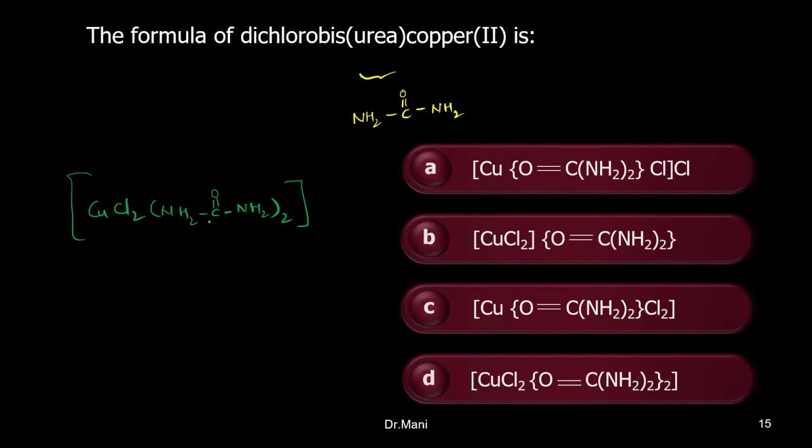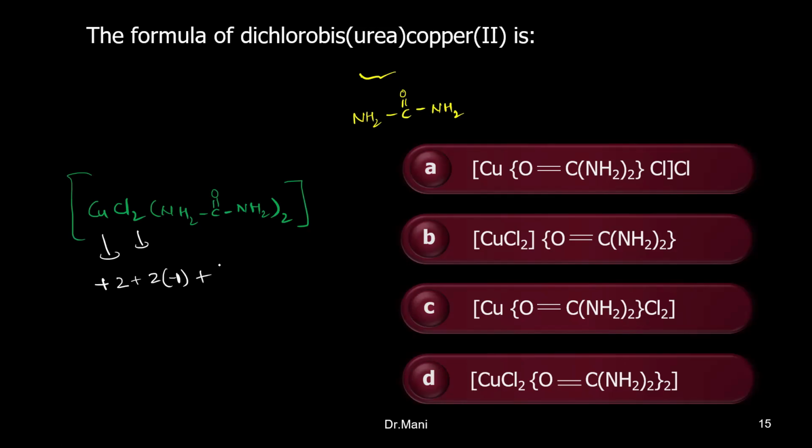So now what will be the charge? Tell me, does urea have any charge? Okay, first let me know, what is the oxidation number of this copper? Here 2 is there, so I should take it as +2. Chlorine Cl2, so 2 into -1. And what is urea?